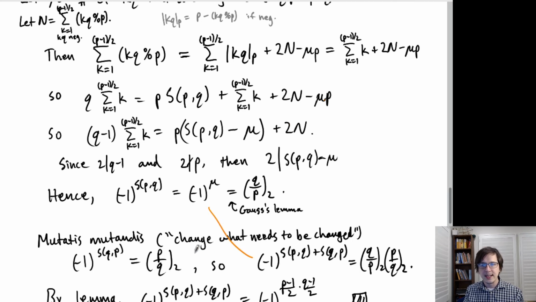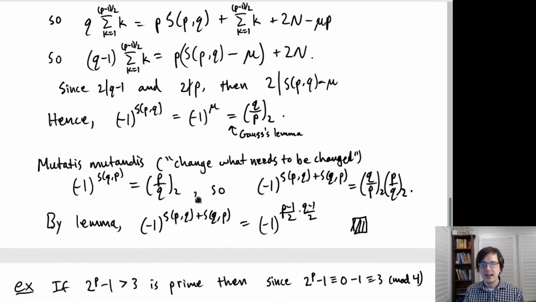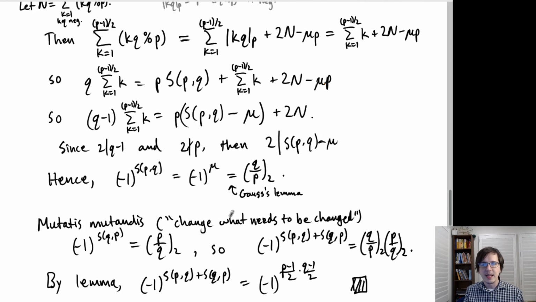So then multiplying these two together, we get that minus 1 to the sum of the s's is the product of these Legendre symbols. And then, by the lemma that we just went over, minus 1 to the sum of these s's is the product of (p minus 1)/2 and (q minus 1)/2. So, we have this equality.